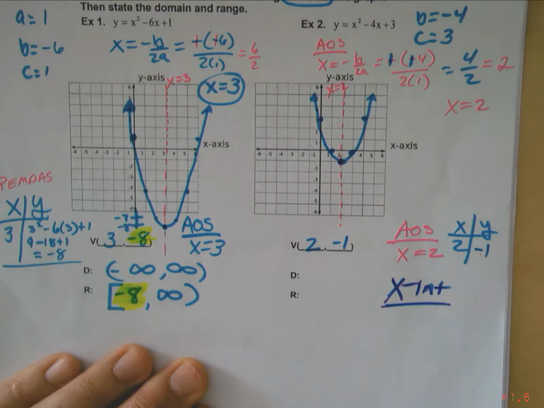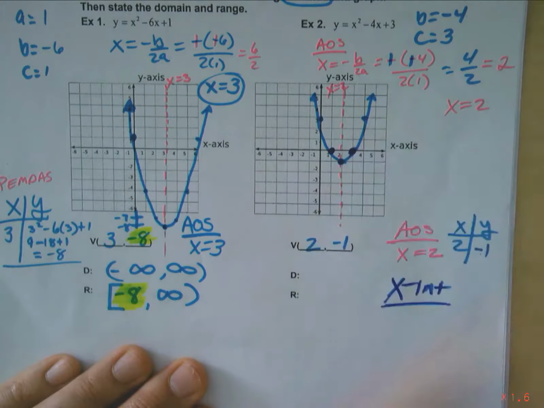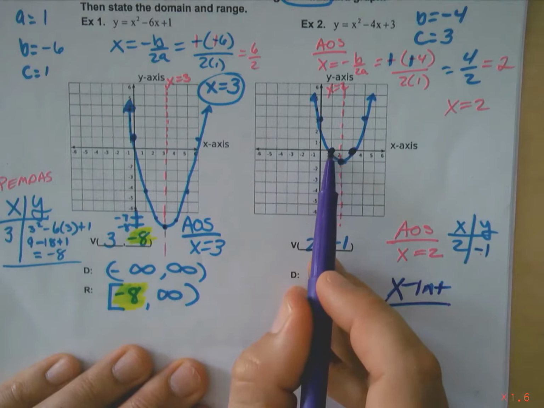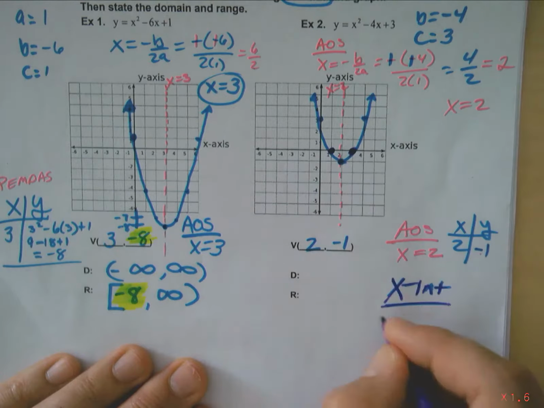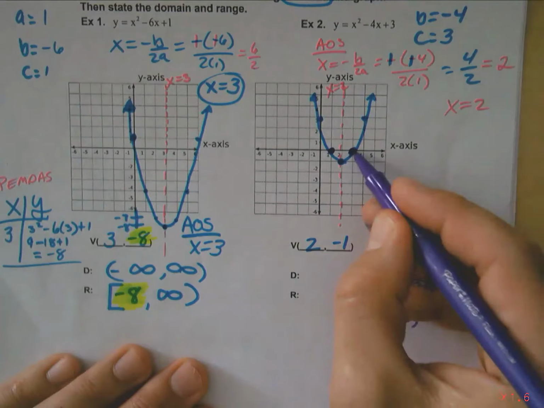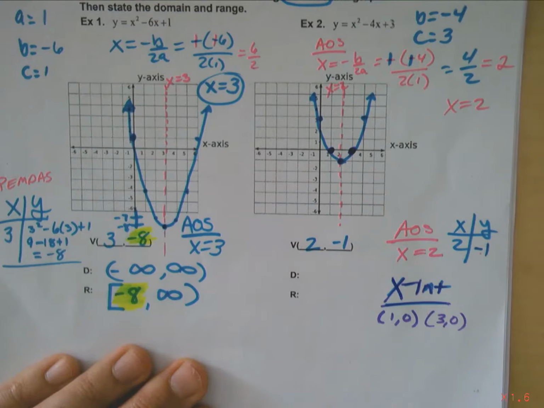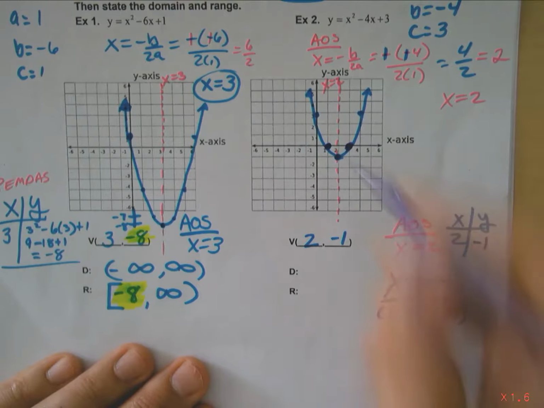If they ask you that question, what's this guy right here? And right here, what's this one? Mariana, what'd you say? 1. 1, so 1, 0. Perfect. And then this one right here is what? 3, 0. Okay, so those are my x-intercepts.